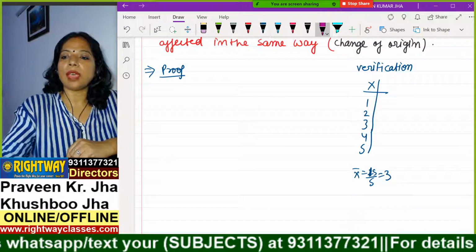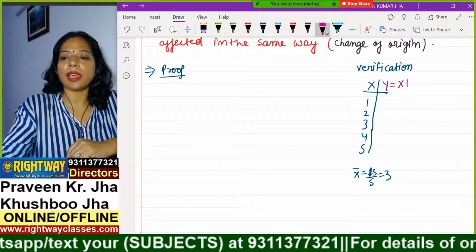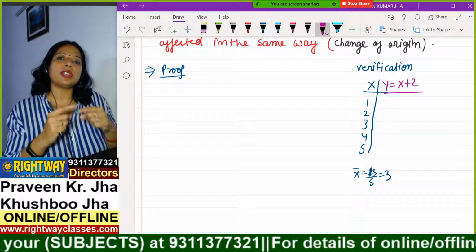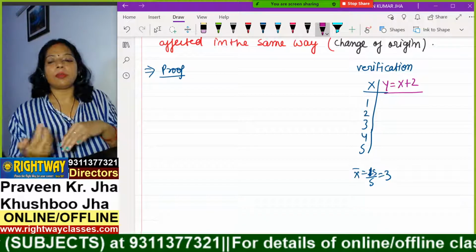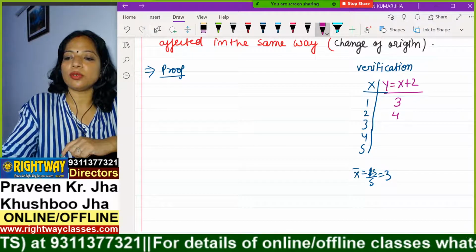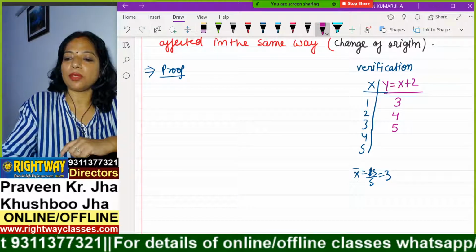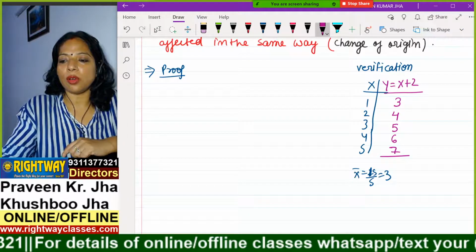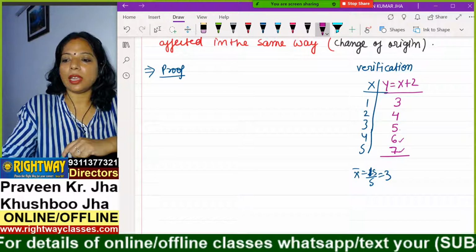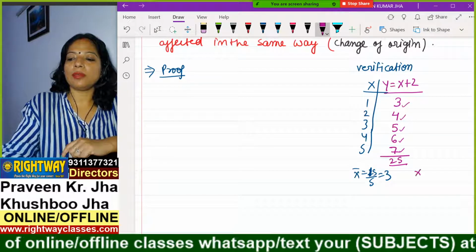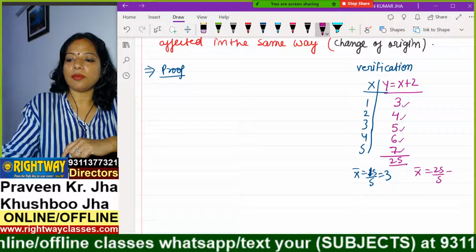And suppose I change each and every value, like x plus 2. Each observation is added with a constant like this. 1 plus 2 will be 3, 2 plus 2 will be 4, 3 plus 2 will be 5, 4 plus 2 will be 6, 5 plus 2 will be 7. If you add all this, 7, 6 is 13, 5 is 18, 4 is 22, and 25. So its mean will be 25 upon 5, which is 5.